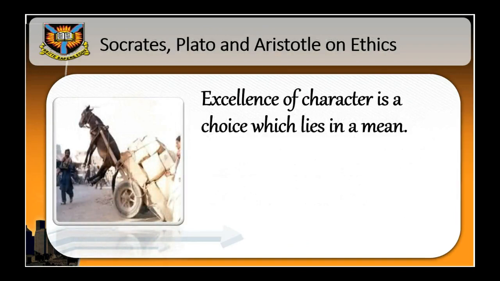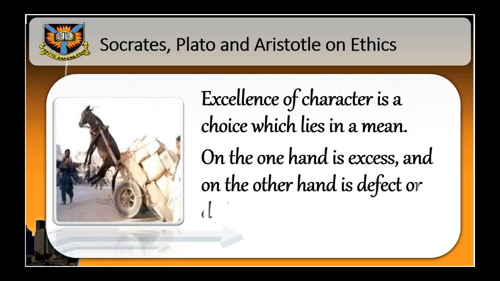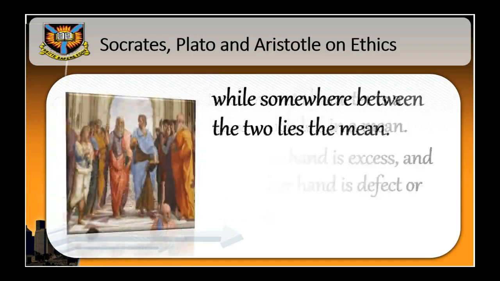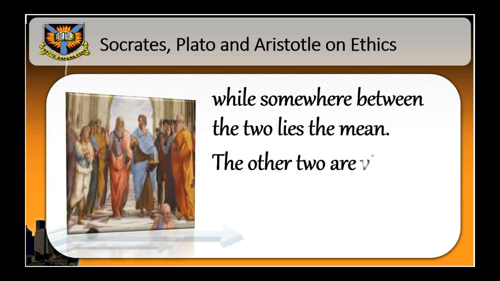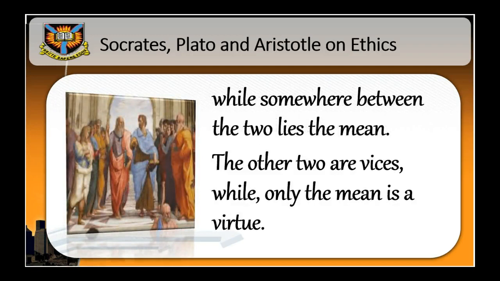Aristotle explains that of emotions, feelings, and actions, there are two extremes, which are both bad and evil. On the one hand is excess, and on the other hand is defect or deficiency, while somewhere between the two lies the mean. The other two are vices, while only the mean is a virtue.